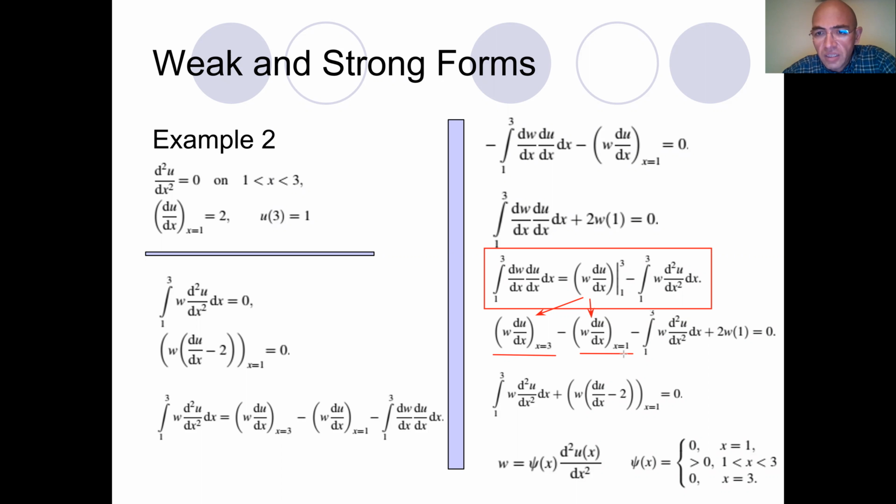This is my boundary term. Then I substitute this expression. It is the integral from 1 to 3 of w d²u/dx² dx, and from here I have the term which comes again from the boundary.